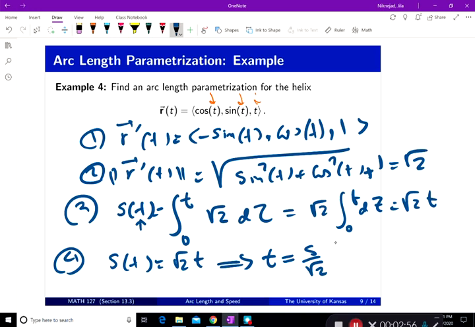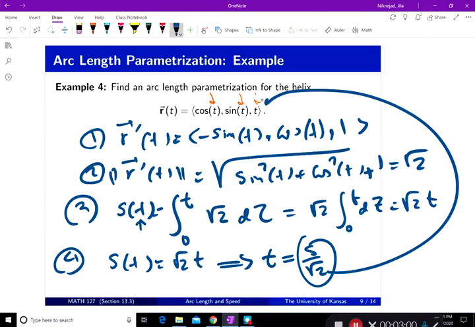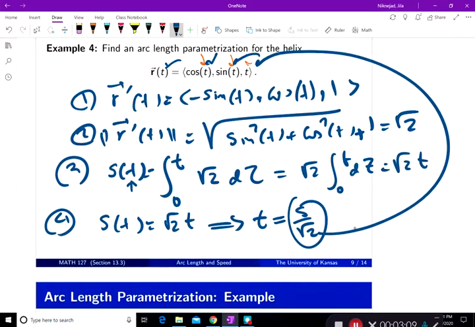And then if I plug this back in for t over here, and here, and here, then I get r as a function of t of s.